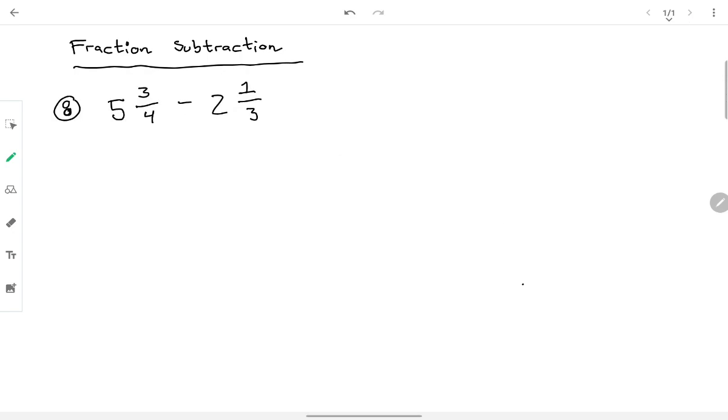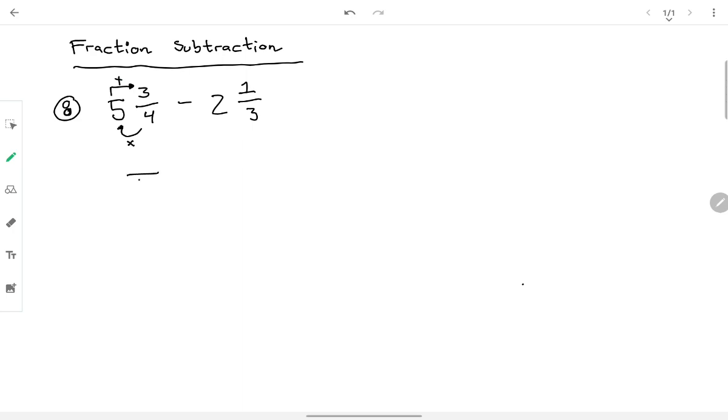Then what happens when we have mixed numbers? Don't worry, remember we have used mixed numbers in fraction addition. In fraction subtraction it will be done in a very similar way. The first thing we can do is transform them into improper fractions. Remember, the denominator gets multiplied by the whole number, and then we add the numerator.